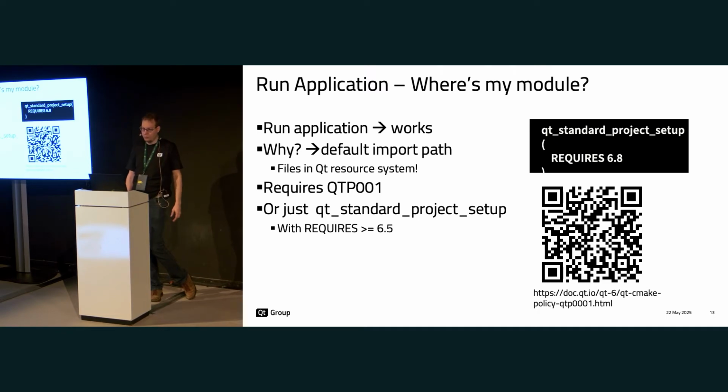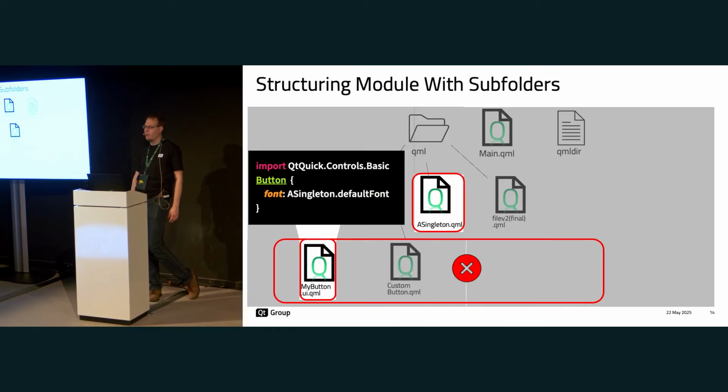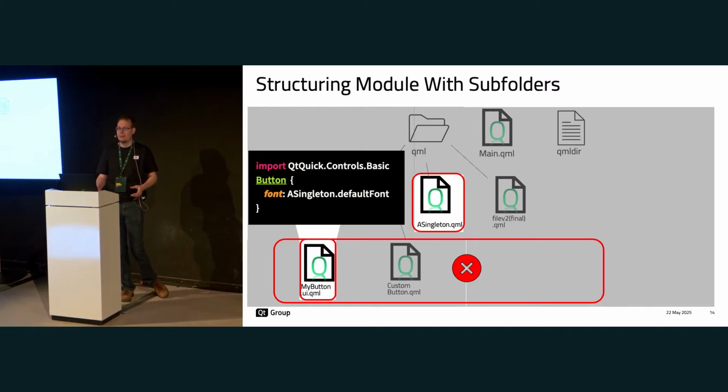But let's continue. I've told you everything works. You can just run your application as long as you use that policy. Except when you want to bring a bit more structure in your project. Normally you don't want to place all of your files into the folder next to your CMakeLists. I mean, we are professional software engineers.